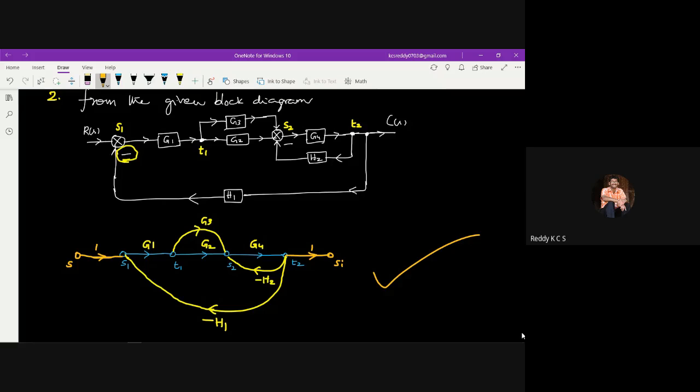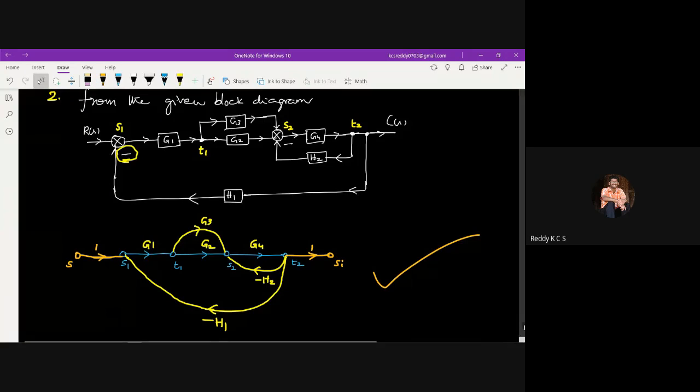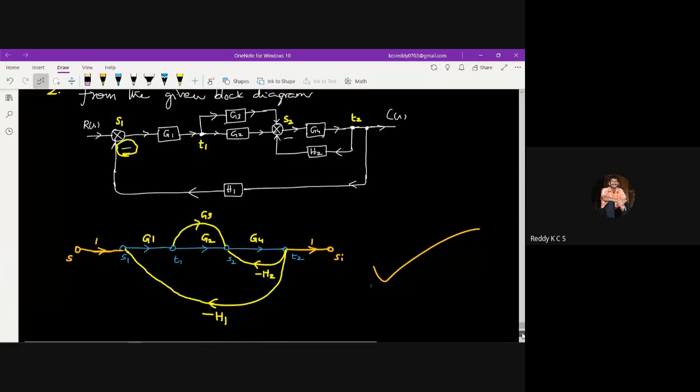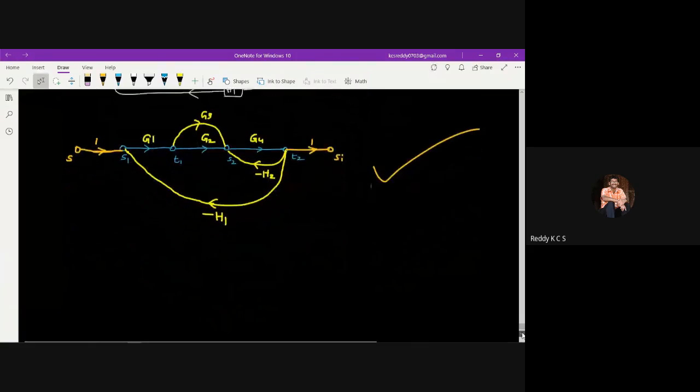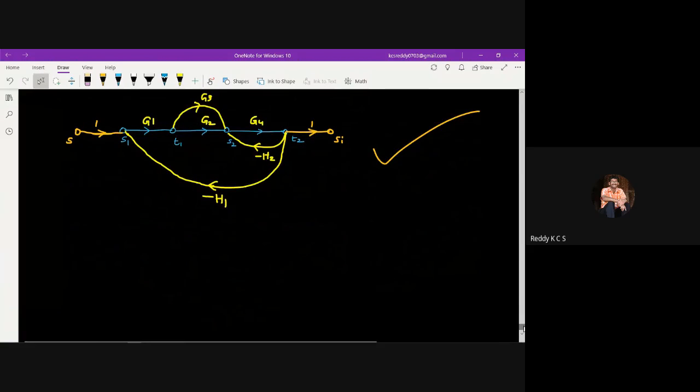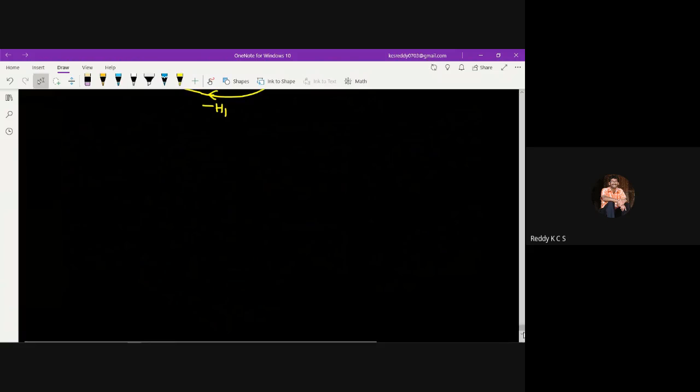So from the block diagram, it is easy to obtain. Once you know how to obtain the signal flow graph, we need to go for solving it. How to solve this signal flow graph? That we discuss now.